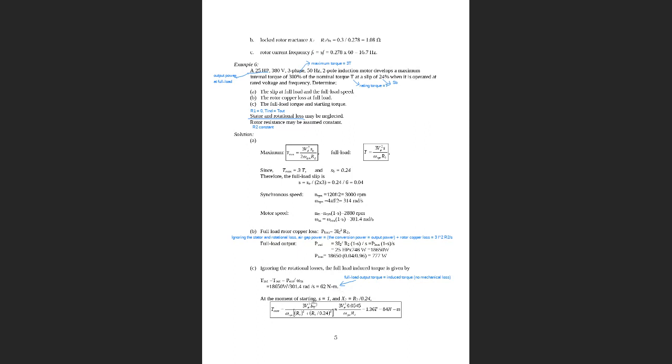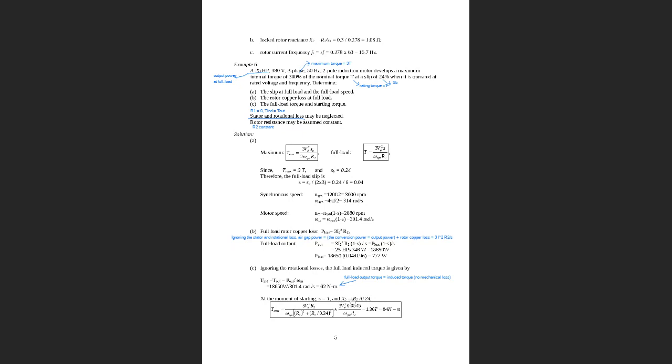Now, at the moment of starting, slip equals 1. For this case, slip equals 1, and X2 equals, from the breakdown slip given, 0.2524. What does breakdown mean?